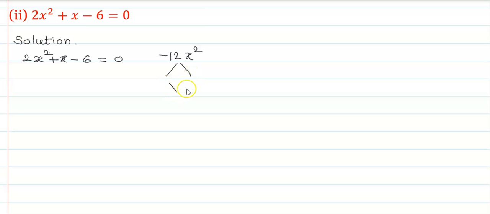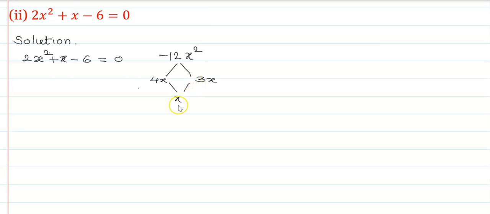Okay. What about the middle term? The middle term is x. Now what are the two numbers whose sum is x and whose product is minus 12x square? The two numbers with product 12 are 4x and 3x. But we require their product to be minus 12, so one of them must have the negative sign.